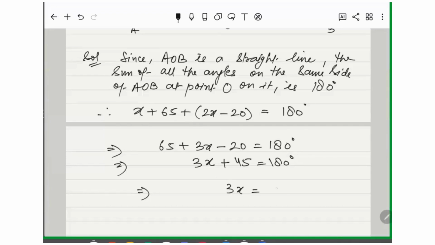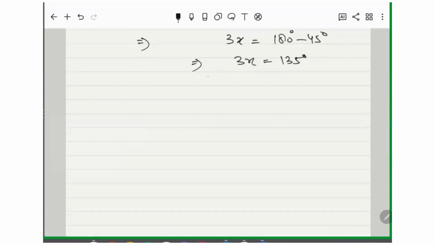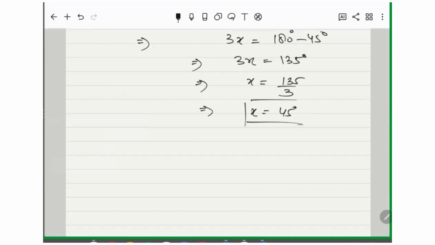So this is 180 degrees plus 45 degrees, right? So 3X is equal to 225 degrees. Getting it? So X will be equal to 225 upon 3, which is 75. So what is the value of X? X is 75 degrees, right?